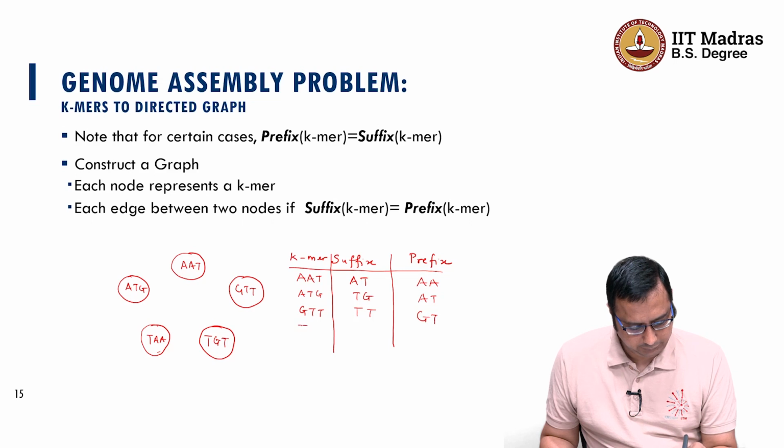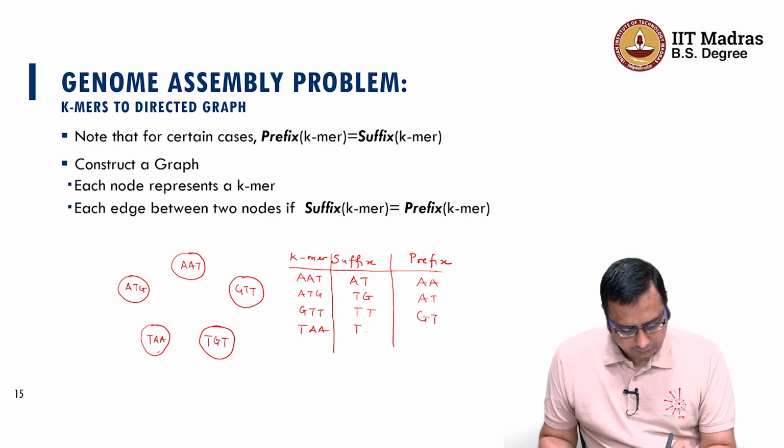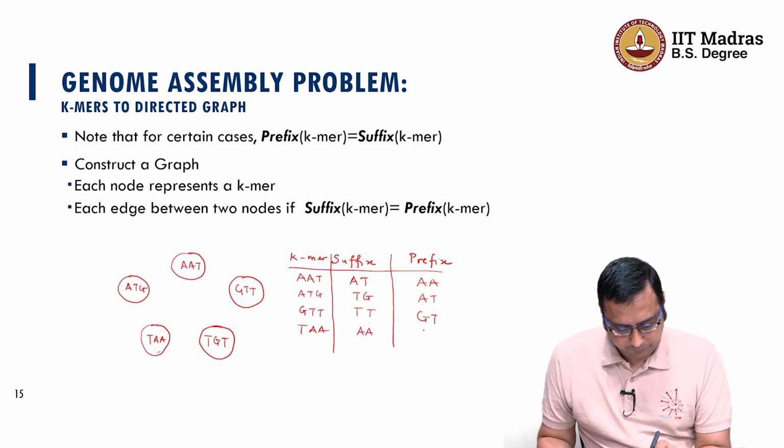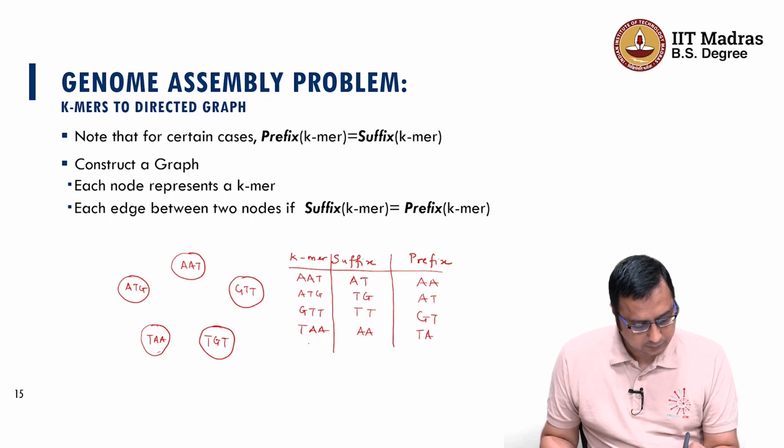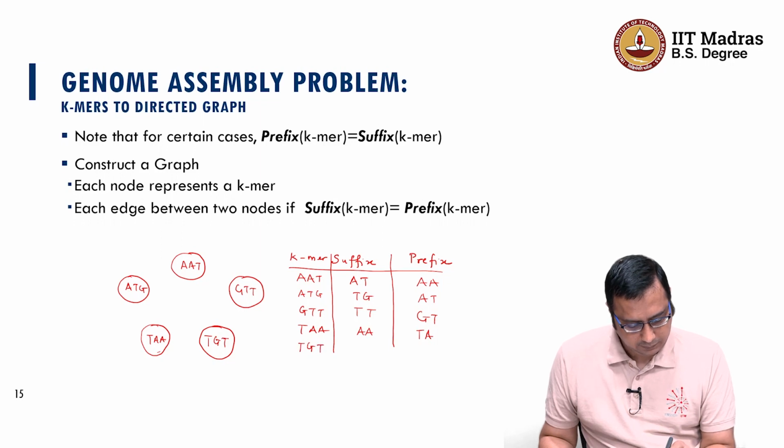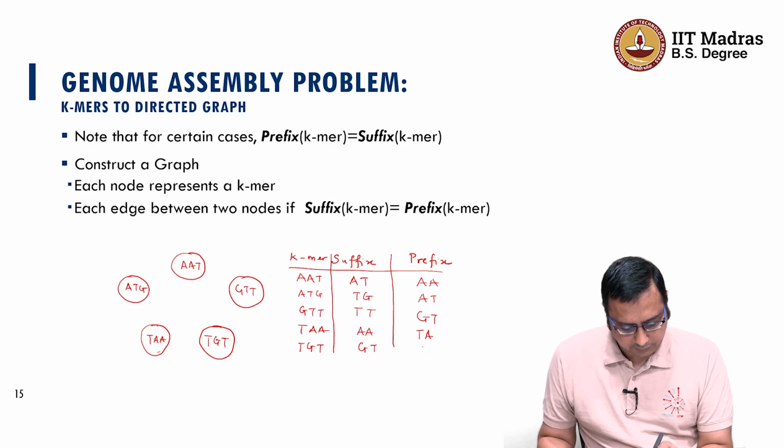Then TAA: the suffix is AA, and the prefix is TA. And TGT: the suffix is GT, and the prefix is TG.